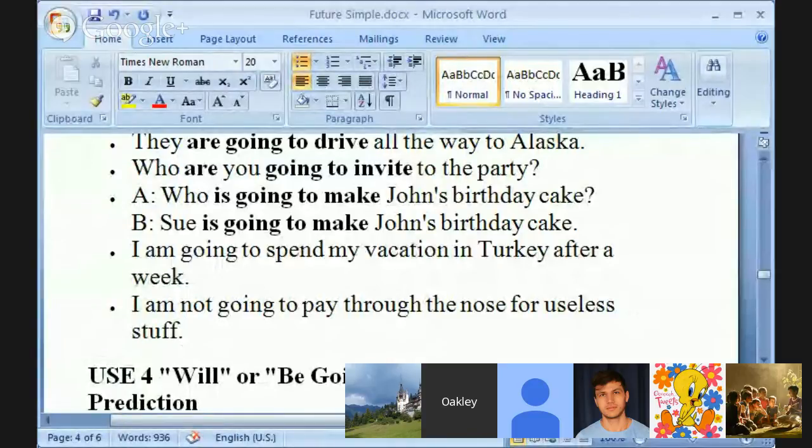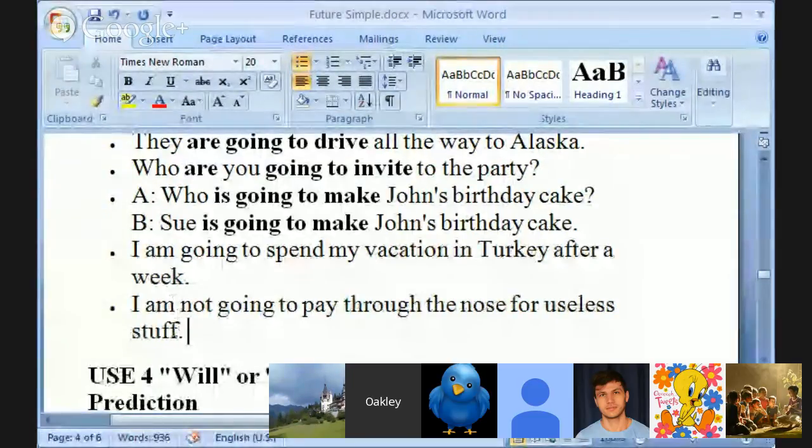Instead, you should substitute staff. Okay. Staff. Again, be careful of gonna. You can't say gonna to. Just gonna. I'm not gonna pay through the nose for useless staff.